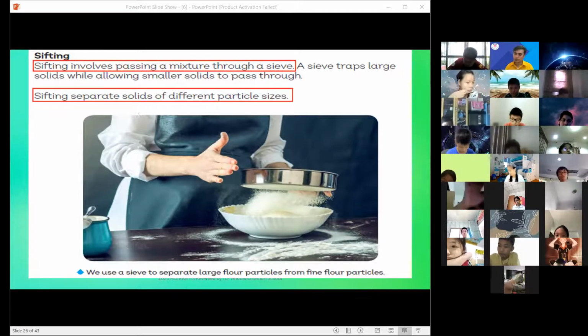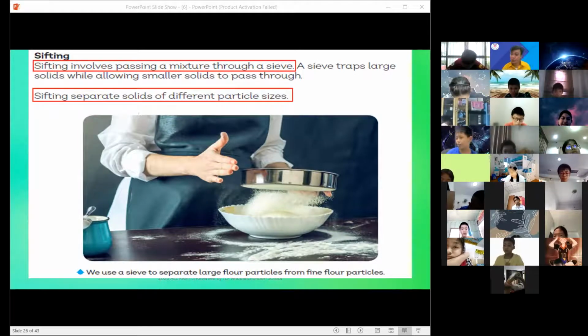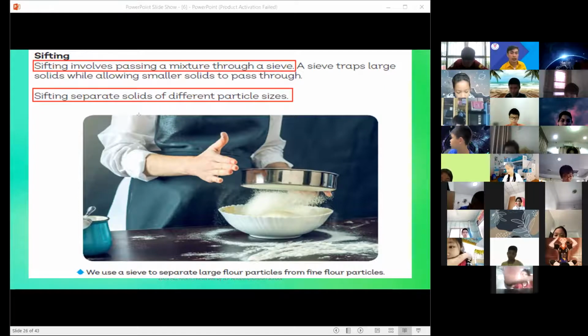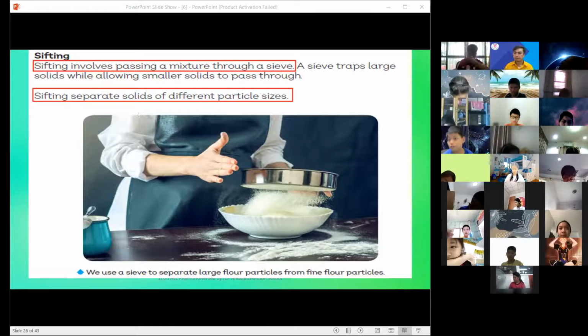I'm sure you always prepare your highlighter when we have our science class, because it is always part of our discussion that you need to highlight some sentences. All right. Done?